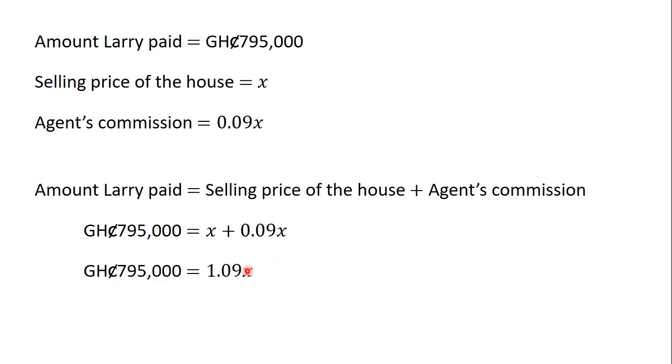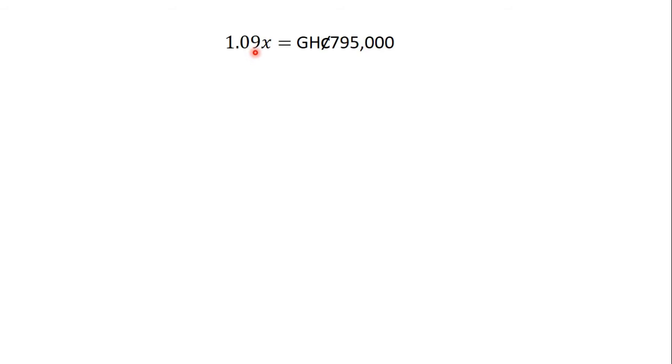From algebra, X plus 0.09X is equal to 1.09X. So we have 1.09X is equal to 795,000 Ghana cedis. To find the value of X, we divide both sides by 1.09.